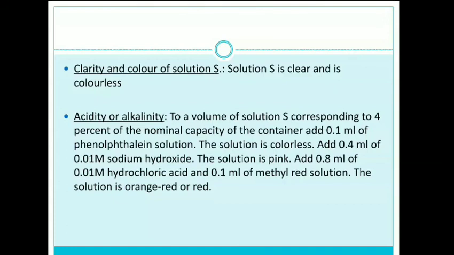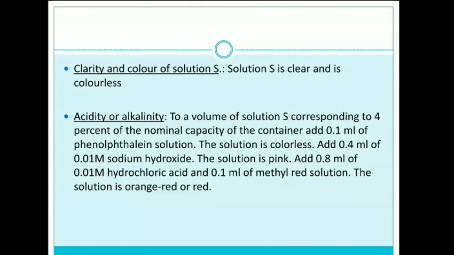Then the second test is the acidity or alkalinity. So how to perform this test? Take a volume of solution S corresponding to 4% of the nominal capacity of the container. To that, add 0.1 ml of phenolphthalein solution. The solution should be colorless.